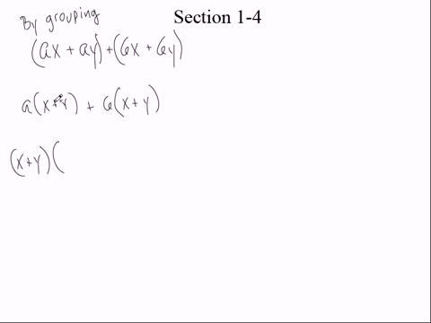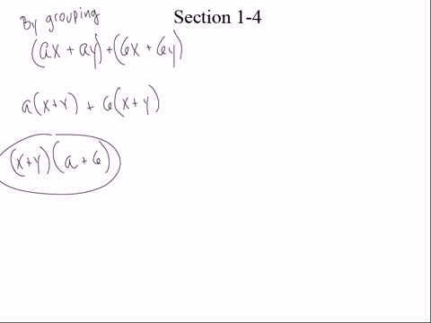If I divide this by x plus y, I'm left with an A. If I divide this by x plus y, I'm left with a 6. And there it is. That's how you factor by grouping. If you wanted to, you could do the FOIL method, and you're going to get the answer right up here. You okay with that?